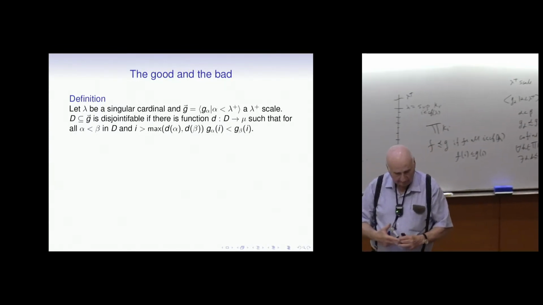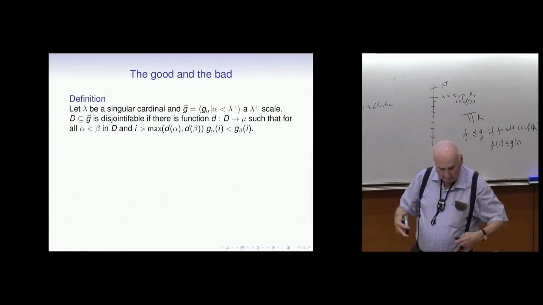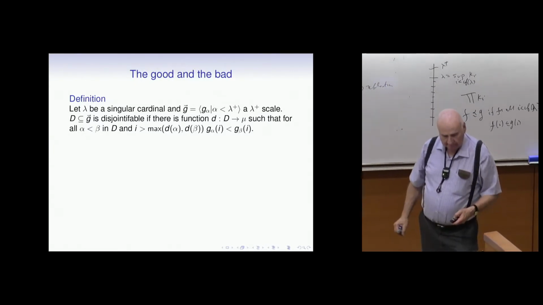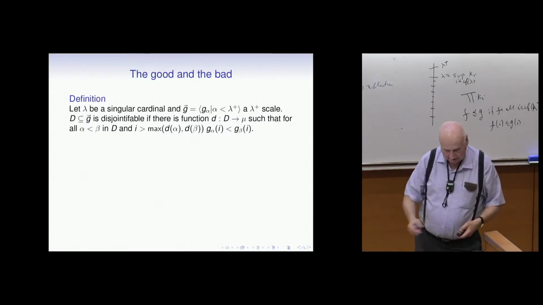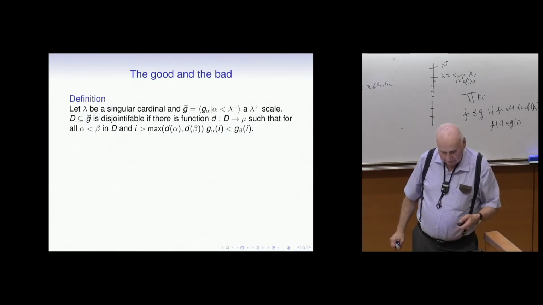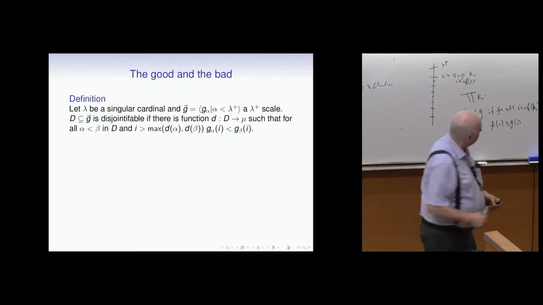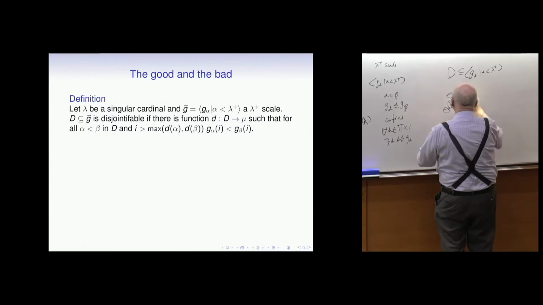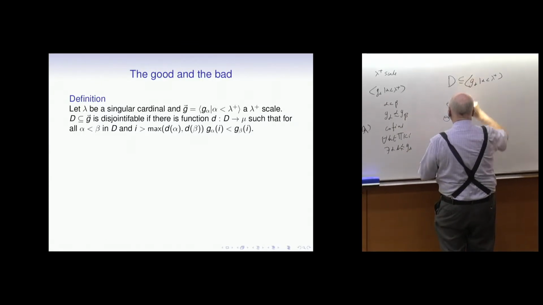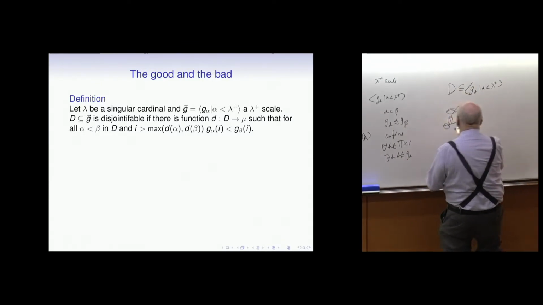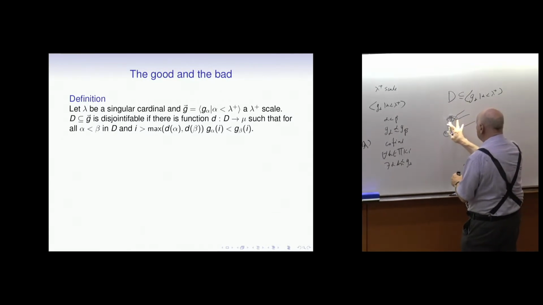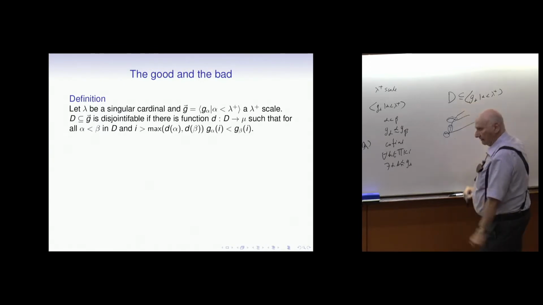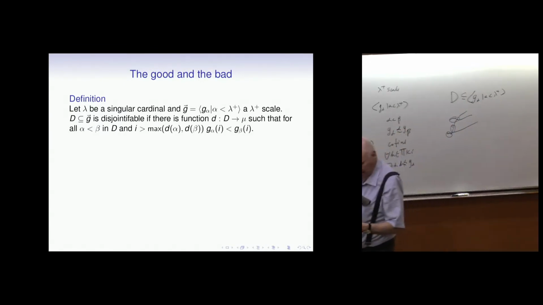Namely, for every alpha less than beta, once you are above the initial segment that you cut off, then g alpha of i is less than g beta of i. I mean, the functions can mess around a little bit, but eventually each one is above the others, and you can make it in a more uniform way, namely for each one of them eliminate initial segments such that on what's left, they are strictly increasing according to the indices.